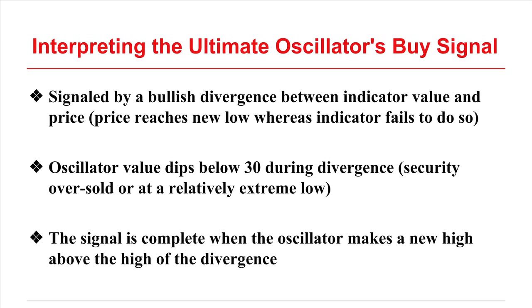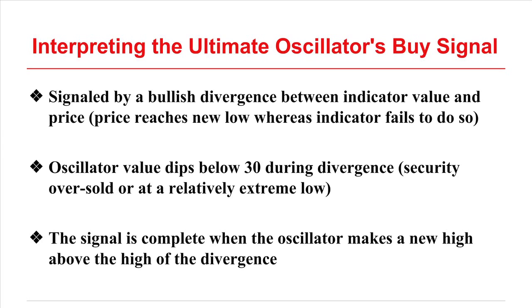Okay, so Williams' buy signal has 3 steps. The first is that a bullish divergence occurs between the indicator value and price. Basically, price reaches a new low and the indicator fails to do so. The second step of the signal is that the oscillator value dips below 30 during the divergence.